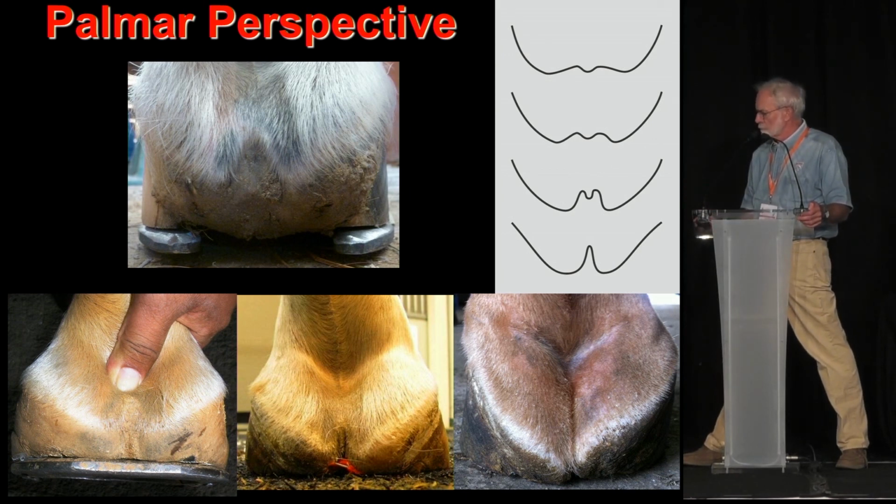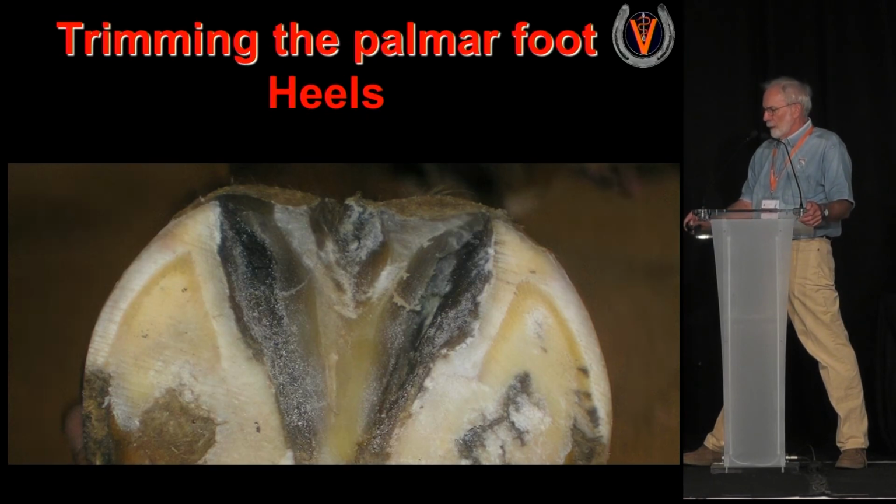In the second picture, there's less digital cushion, all the way to the end where you have no digital cushion. So that gives you the shape of the palmar foot.